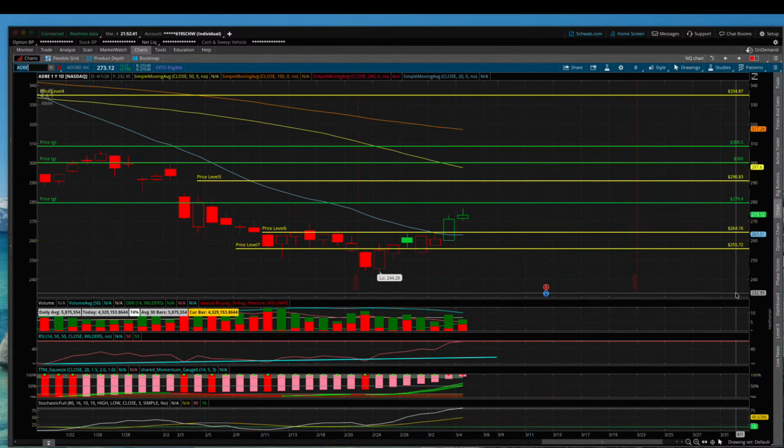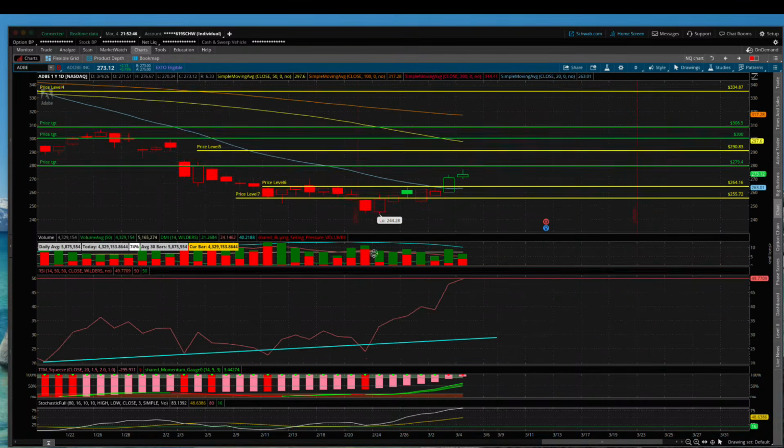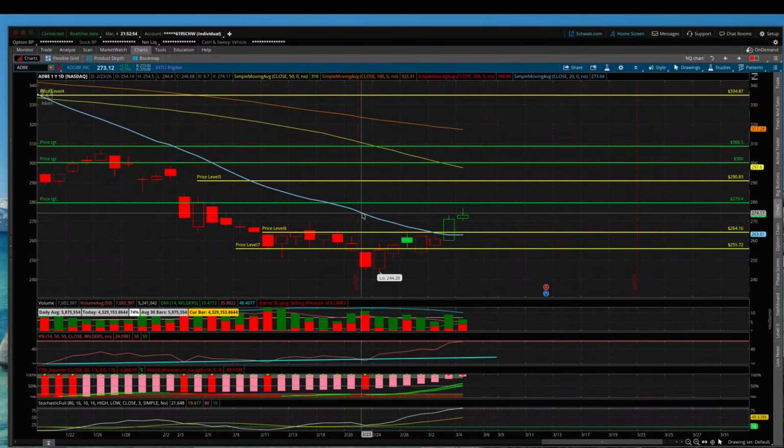All right, Adobe. Okay, bottomed. Okay, bullish divergence. Looks good. Testing RSI 50. Okay, it's above. It's above 263. Okay, that's above the 20 SMA. Gets past above 280, we go 290 gap fill.